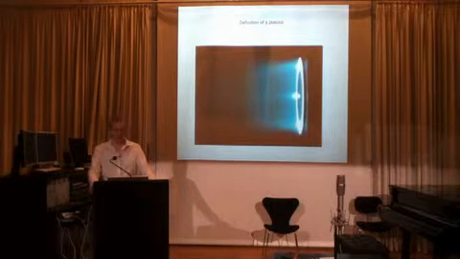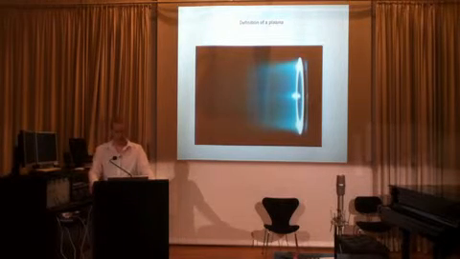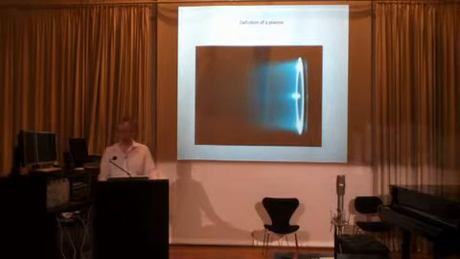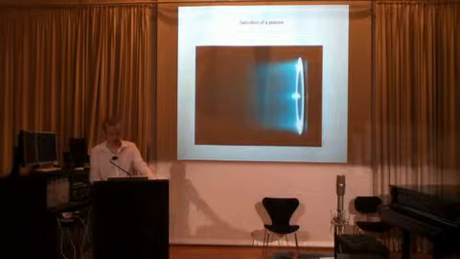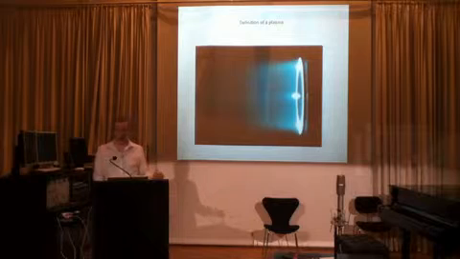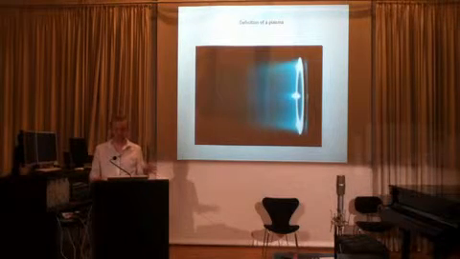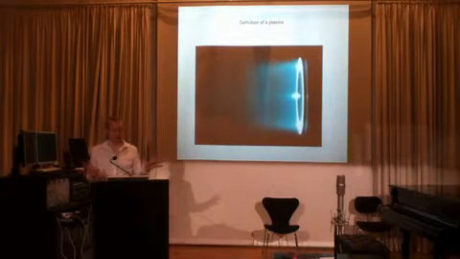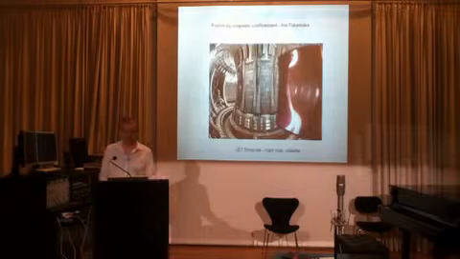Plasma is ionized gas. It's a mixture of positively and negatively charged particles. This mixture is not stable, so if we do not maintain a plasma, it disappears and becomes simple gas.